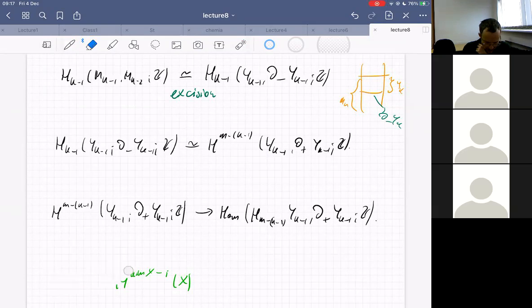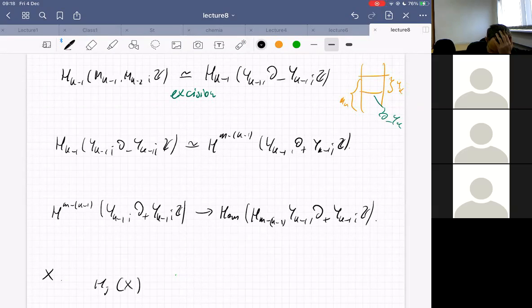Okay, so this is Poincare duality, but you can have the next stage of Poincare duality: if X is a manifold with boundary, then Hj of X is isomorphic to H dim X minus j of X modulo the boundary. So this is the second step.